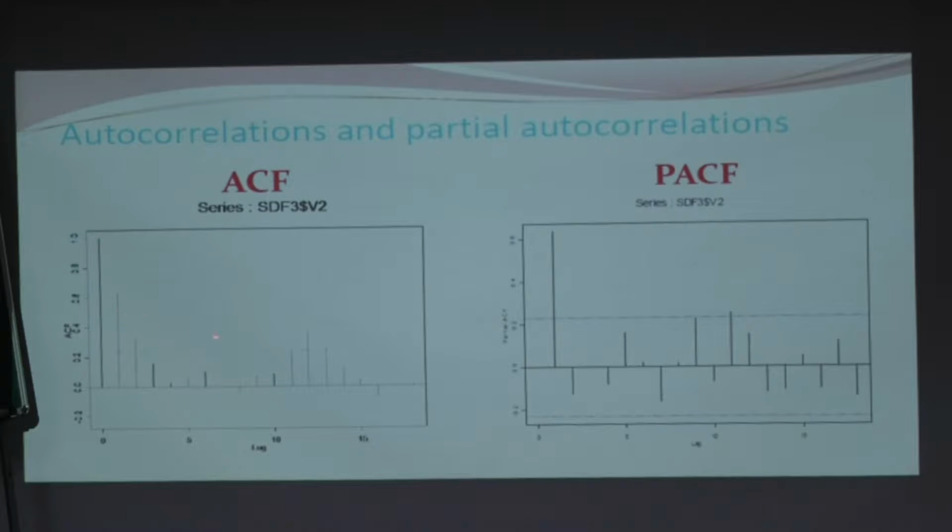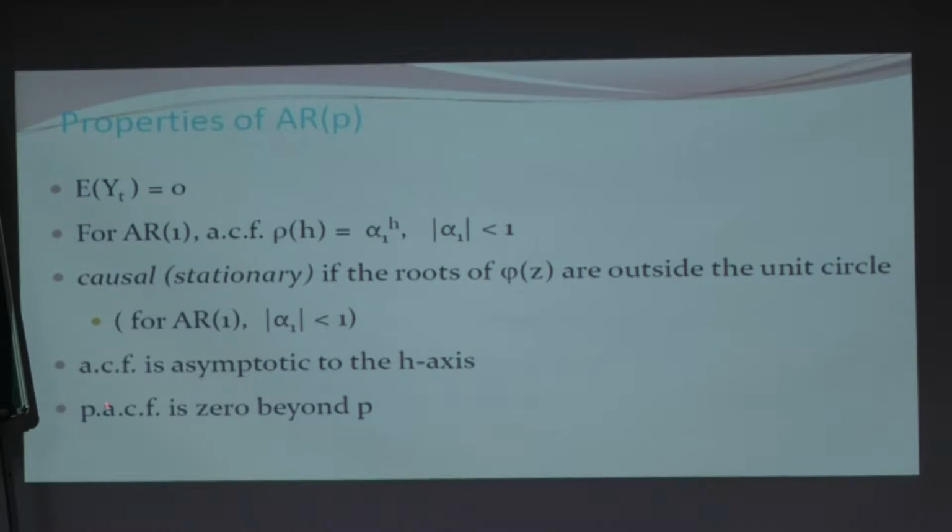In the ACF, quite a number of values are significant, maybe the first 4, 5, 6 values, then it falls off. What would you say? Because the PACF becomes 0 after 2, we can say that the underlying process is an AR2.